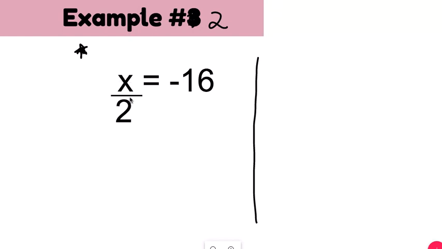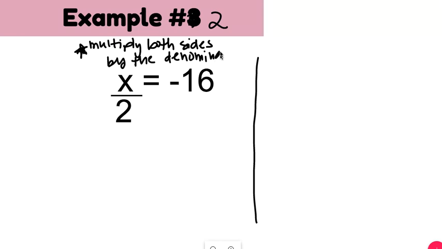Now if you're dividing by 2, to undo that, we would multiply both sides by 2. So multiply both sides by the denominator. Because remember, step 1, we don't need to simplify anything. Step 2, remember our goal. Our goal is to get x equals some number.